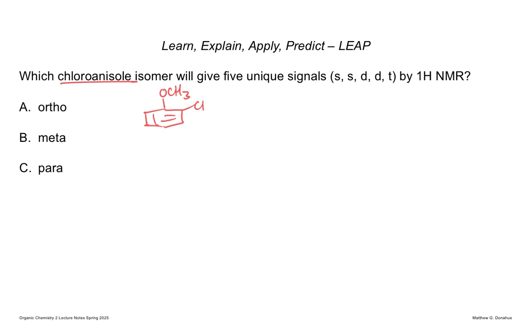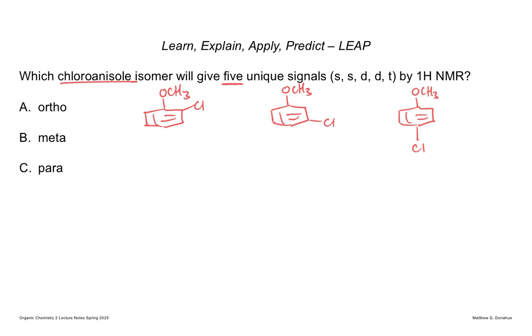And so that would be the ortho isomer, the meta, and then the para. And the question says there's 5 unique signals in the proton, and within the parentheses, those are the multiplicities. Those come from the neighboring rule, the n+1. So it says there's 5.